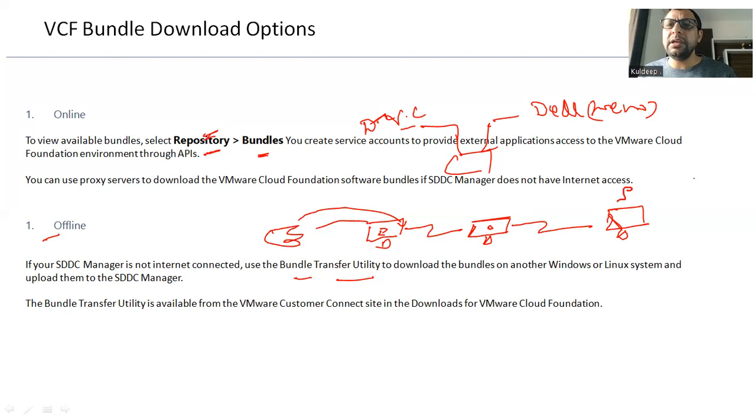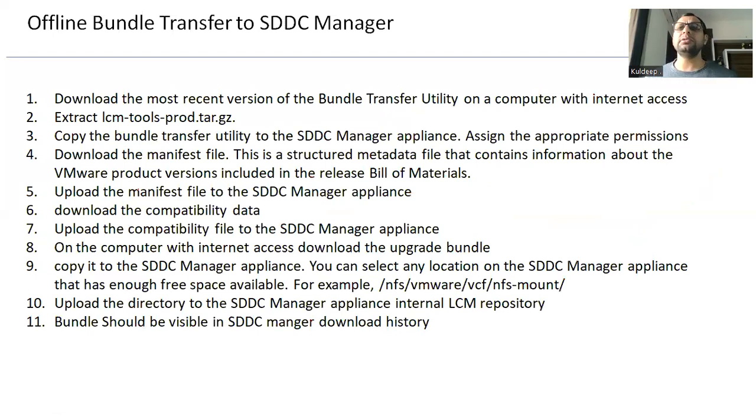In this entire process the SDDC Manager is not exposed to the internet, and you will get all the available bundles in SDDC Manager, whether it is your installation bundle, upgrade bundle, any patch or any async patch tool bundle. So this is the other way. The online way is pretty straightforward: in the SDDC Manager itself, you will see all the available bundles. But in offline, you have to follow numerous steps and be a little bit careful.